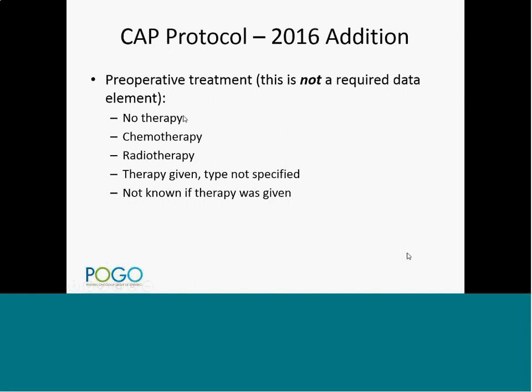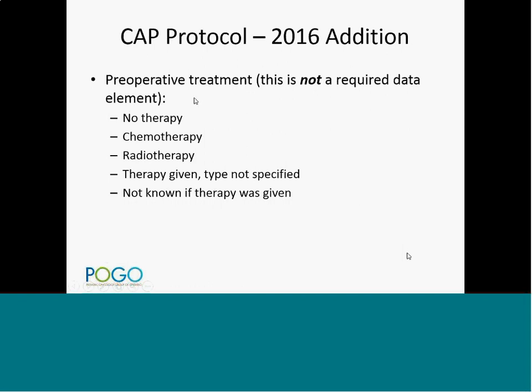The first is the presence of preoperative treatment. This is not a required data element at this point in the 2016 protocol, but it is there, and I think it's important, and again, this is where communication with clinical colleagues is important.